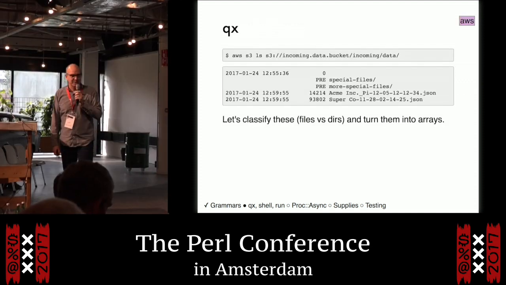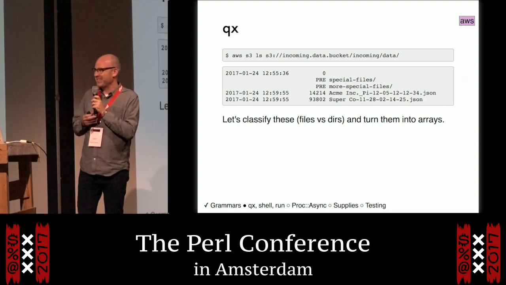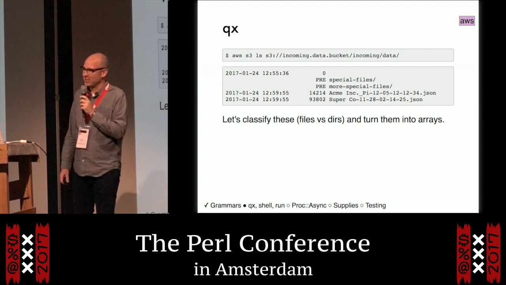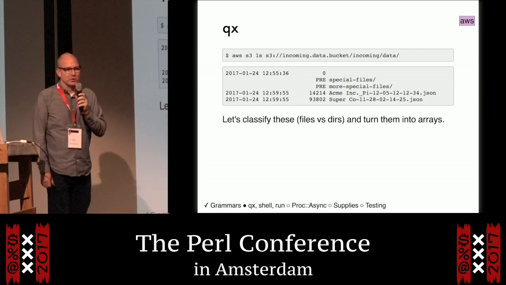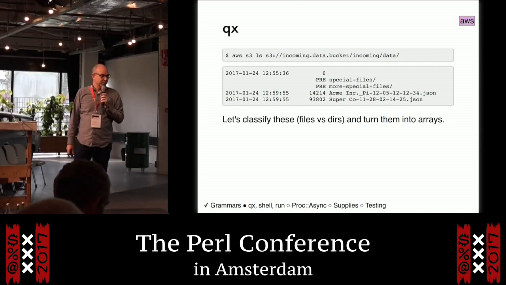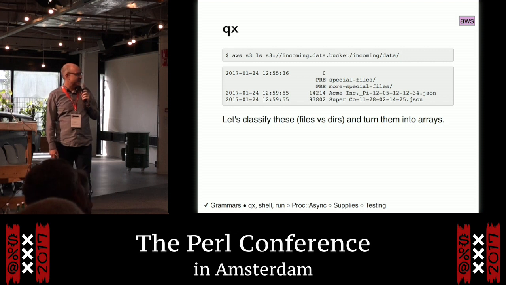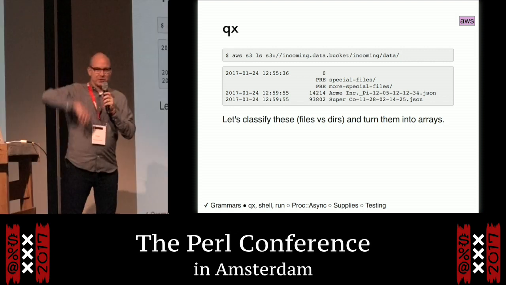So here's a little example of using QX. I'm not going to do any more grammars, by the way. So let's look at another technique for parsing output of QX that uses some of the other built-in Perl 6 features. Okay, so let's say you run AWS S3 LS and you get a list of files.